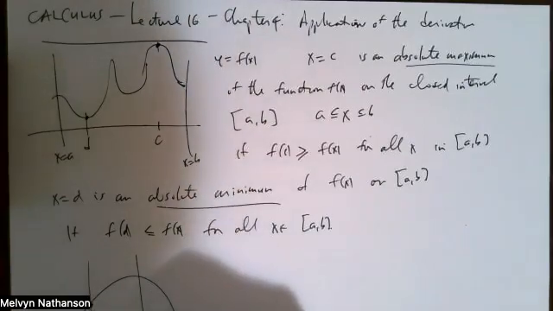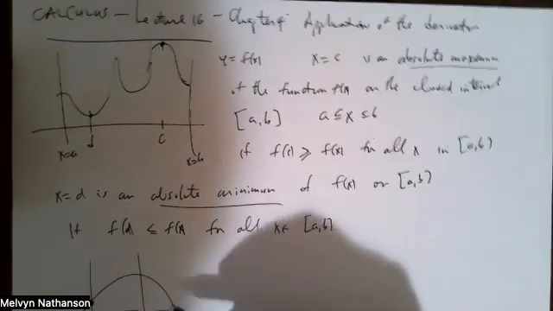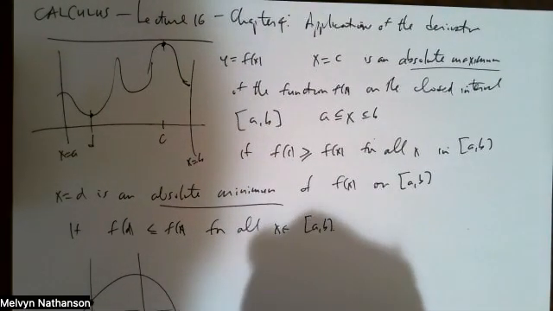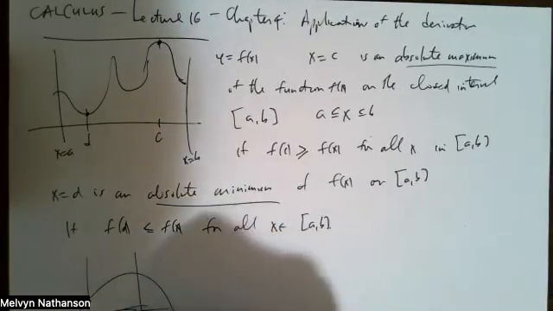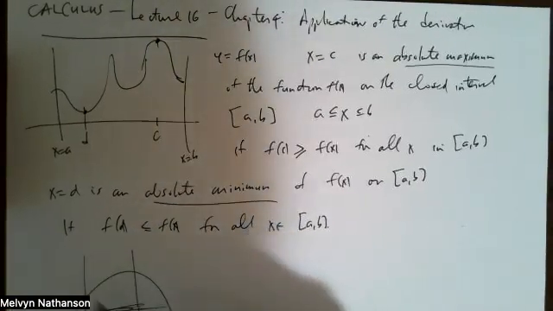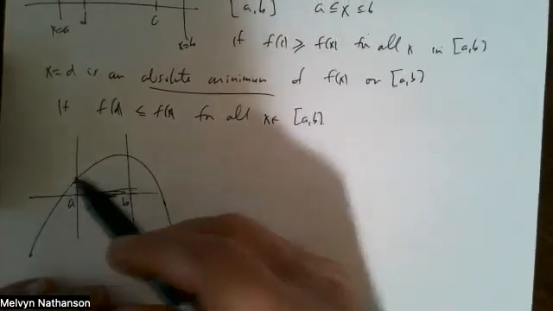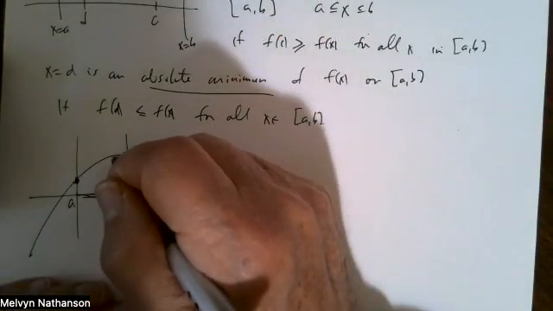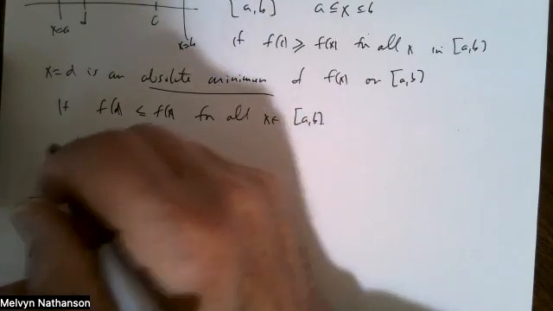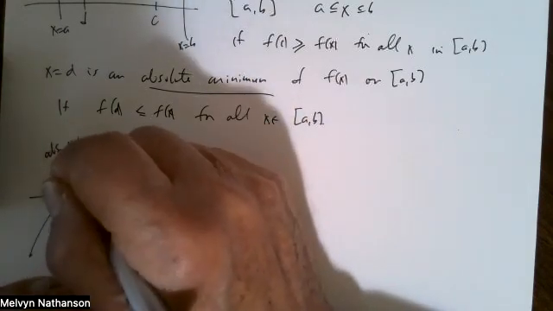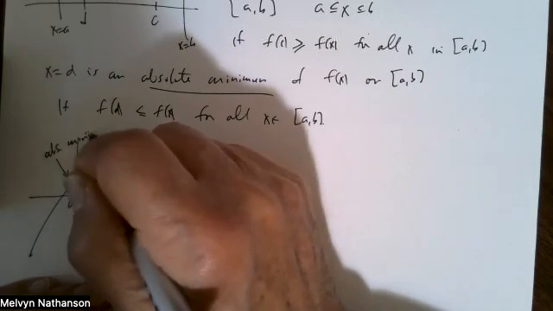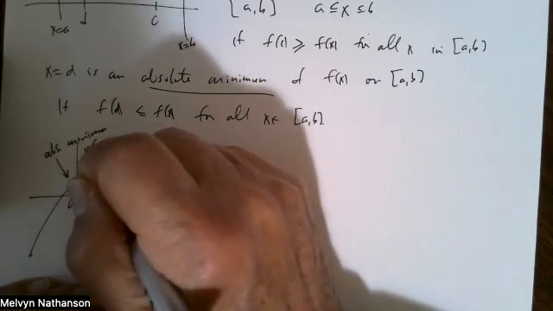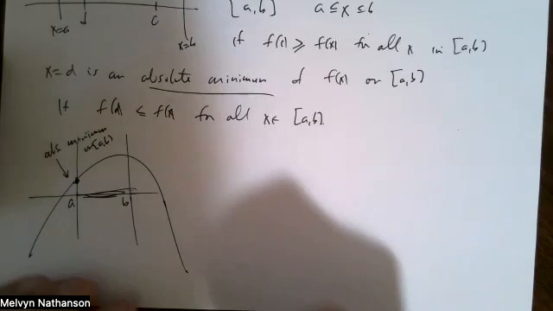The function is smaller to the left and even smaller when you get far enough to the right. But on this interval from A to B, this is absolutely the smallest value the function takes on. So this would be an absolute minimum on the interval from A to B.